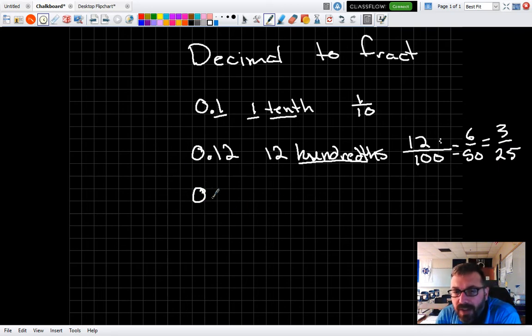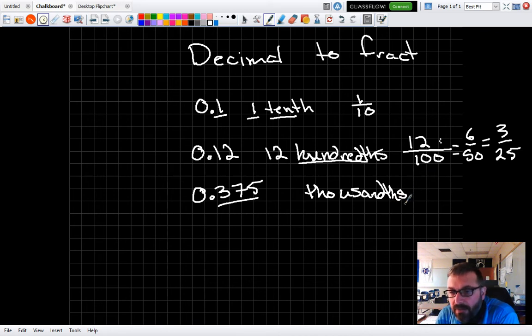Now, if I was to have 0.375, this is 375 thousandths. So I want you to think for a second. What would I put 375 over? If you guessed thousandths, you are correct. 375 thousandths.